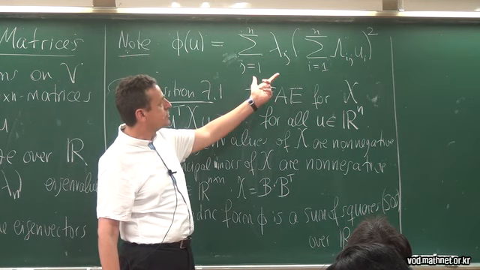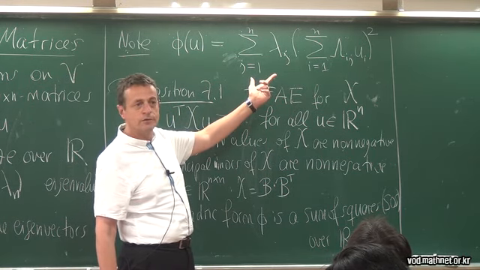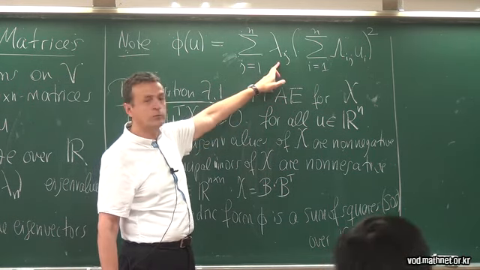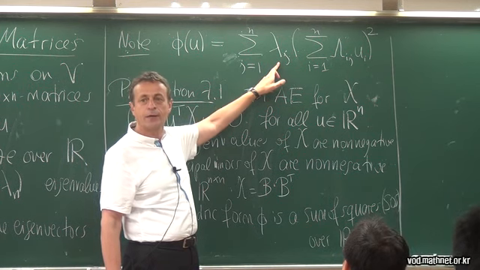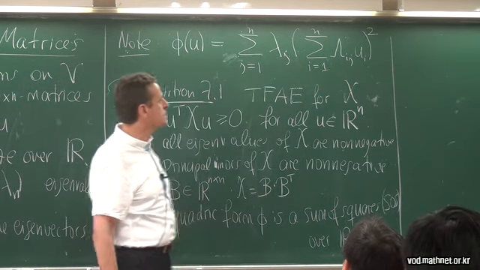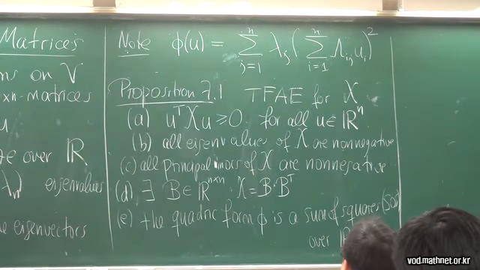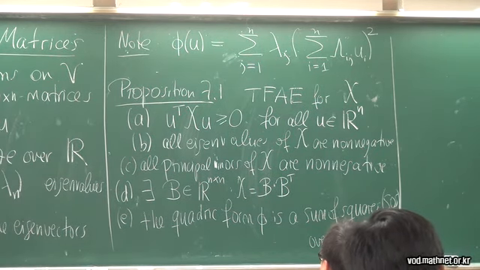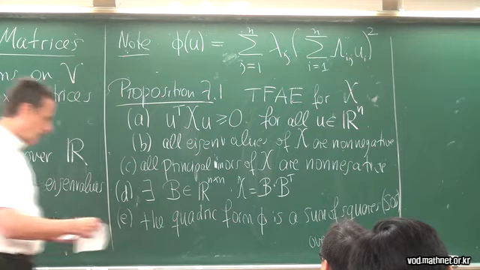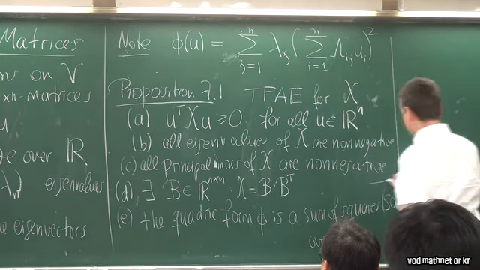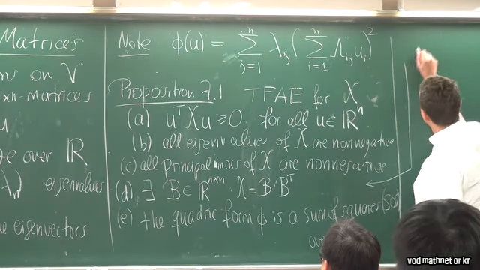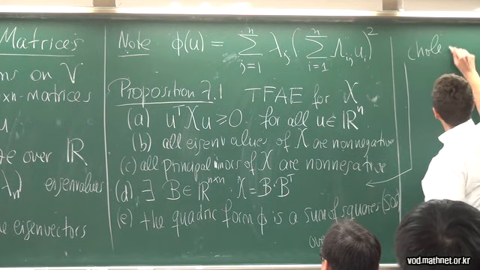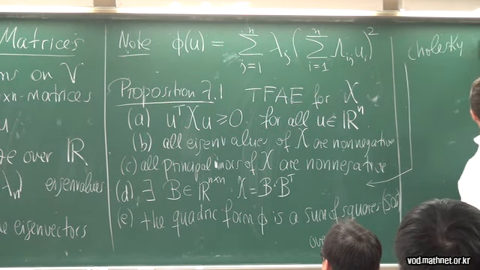This function of u is non-negative if and only if these multipliers lambda are non-negative, and they are the eigenvalues. So you can see that. Here you get the factorization. So one of these factorizations you can get here. This kind of factorization I will call a Cholesky factorization.